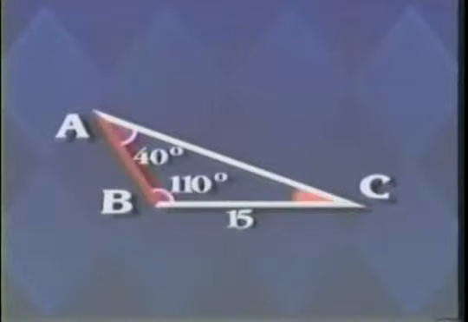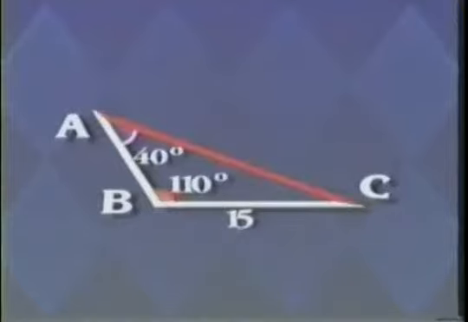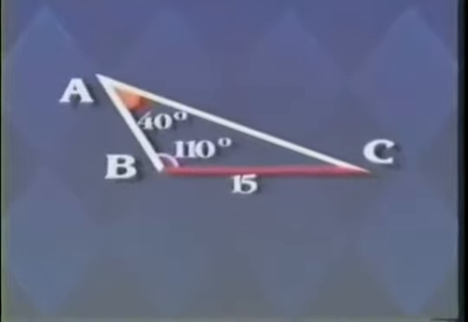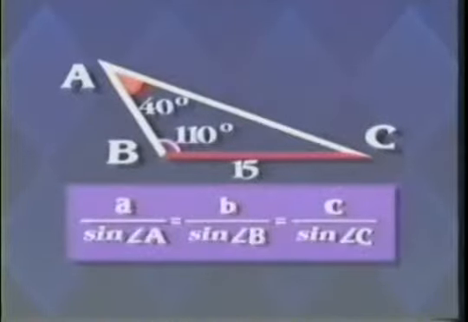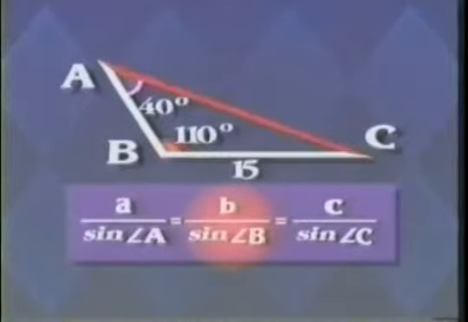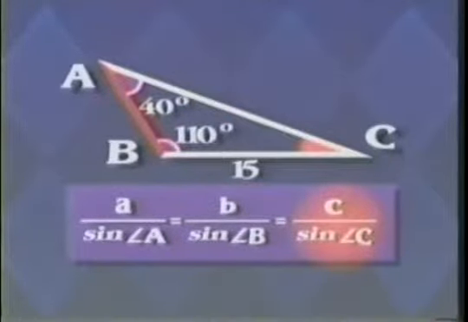The key lies in opposites, knowing the value of at least 1 angle and its corresponding opposite side. With opposite information, we can apply the sine law, because that's how the sine law is structured. A over sine A, opposites, equals B over sine B, more opposites, equals C over sine C.